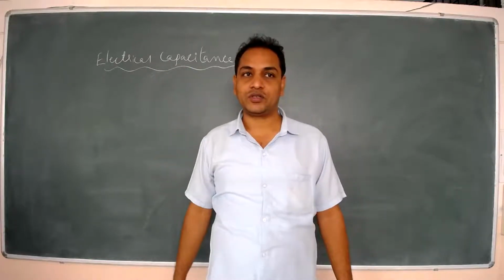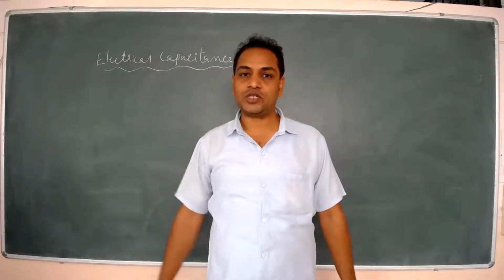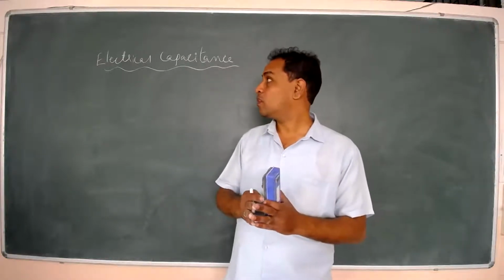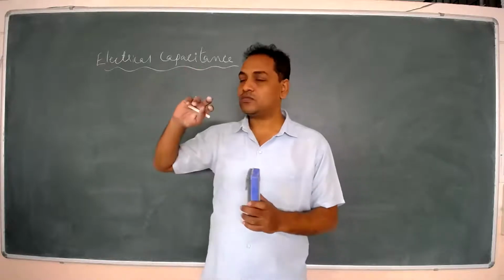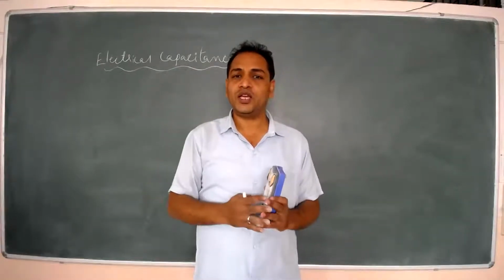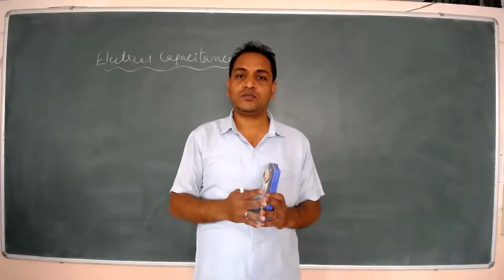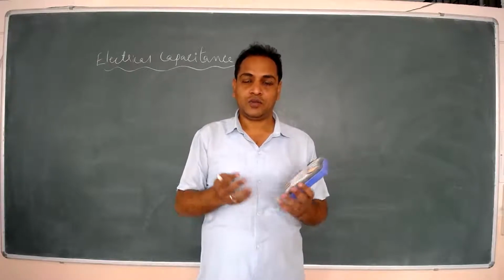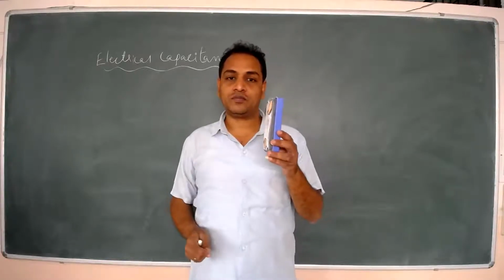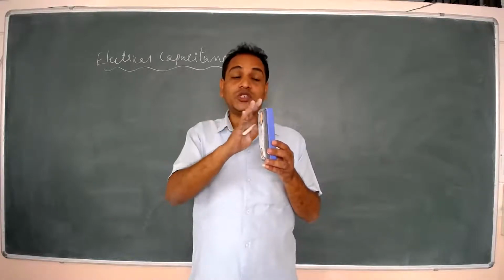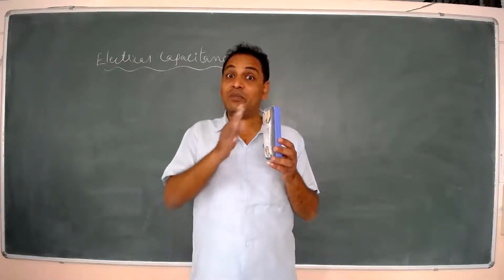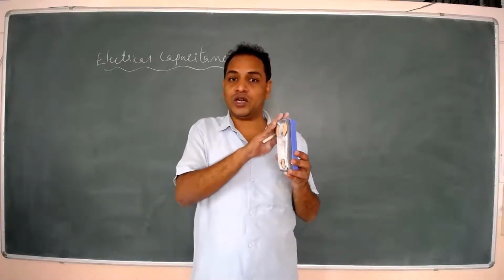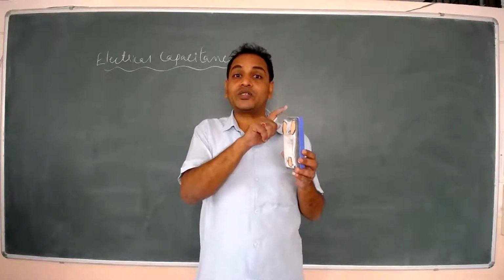What is electrical capacitance? It is nothing but the ability to hold a charge or to hold energy on the conductor. Suppose this is one conductor. If I give some charge, how much charge it can occupy on it, that ability of holding a charge is said to be its capacitance value.